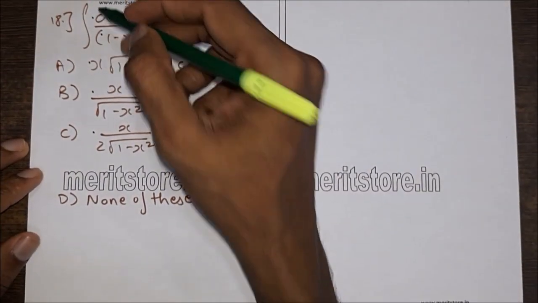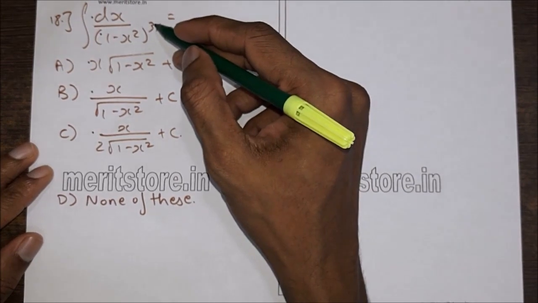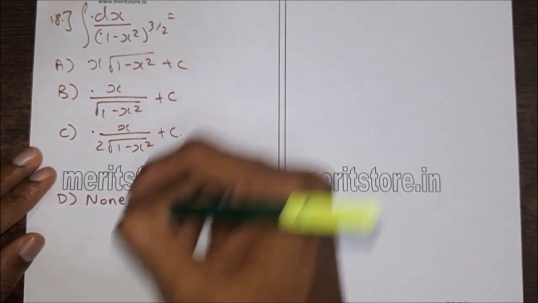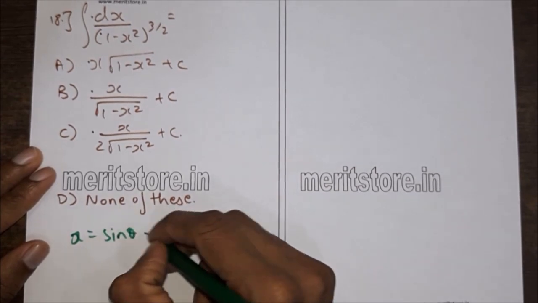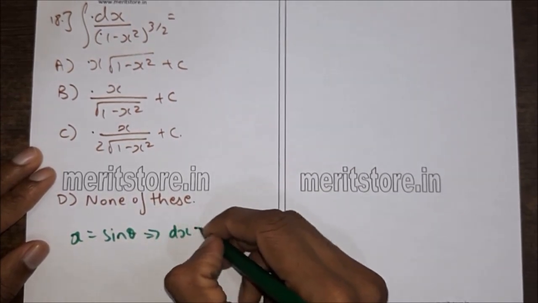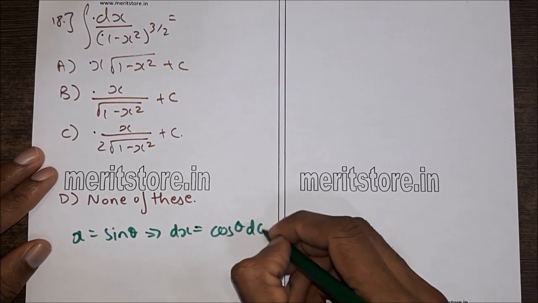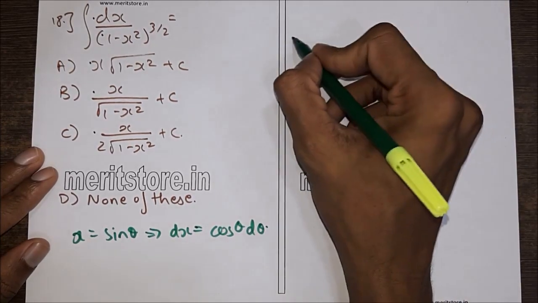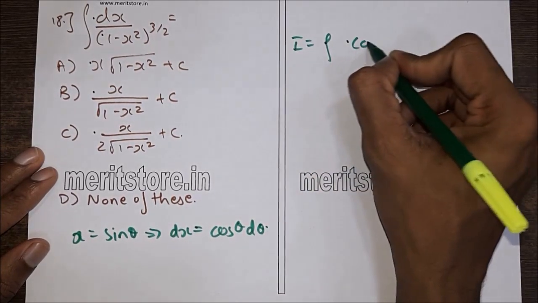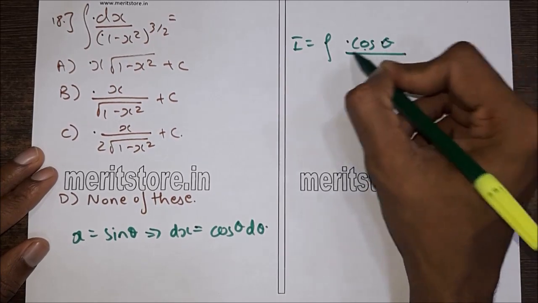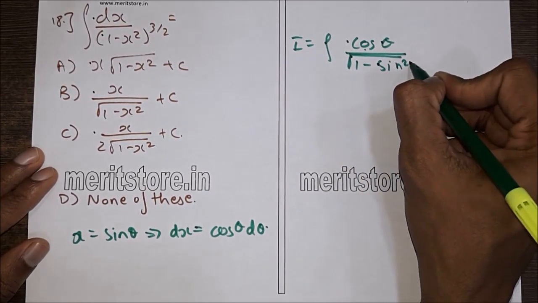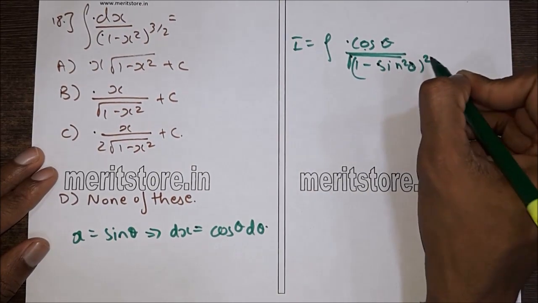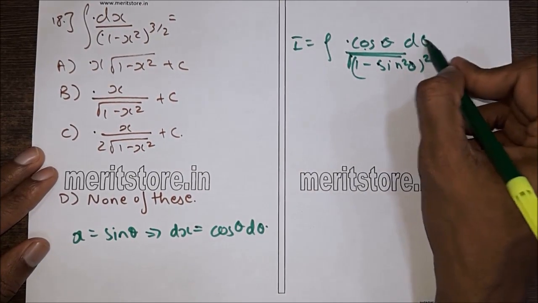Question 18. Integral dx upon 1 minus x square raised to 3 by 2 equal to, we are given 4 options. We put x is equal to sine theta. When we differentiate, we get dx equal to cos theta d theta. So we get I equal to integral of cos theta upon (1 minus sine square theta) the whole cube under root d theta.